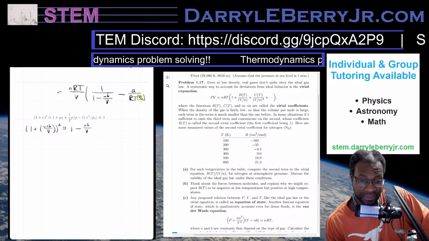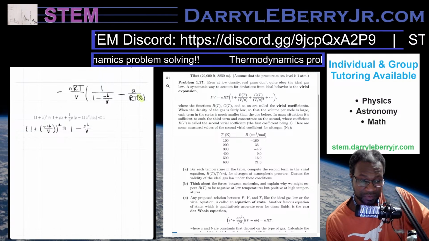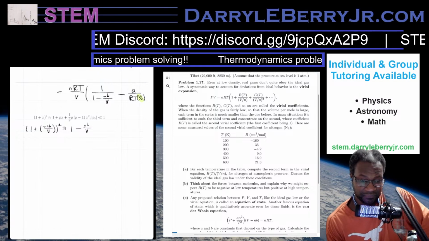The expansion should be valid at low density when Vn is sufficiently small. N over V is thus small, and the van der Waals equation takes the approximate form.